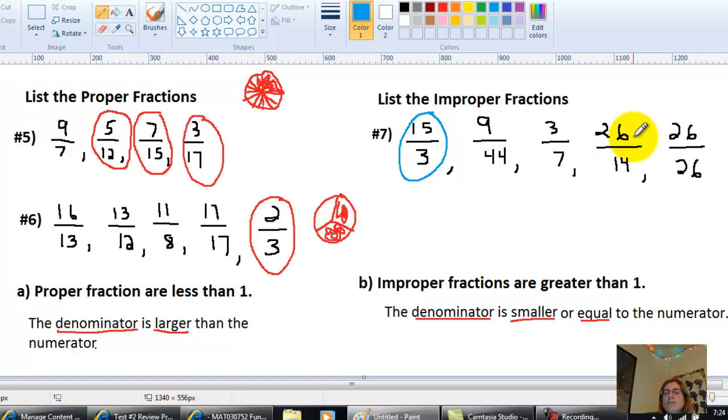The numerator is larger now than the denominator, so denominator is smaller, so that's improper. When the denominator and numerator are equal, it is improper. Okay. So proper fractions, denominator is larger than numerator. Improper fraction, denominator is smaller or equal to the numerator.